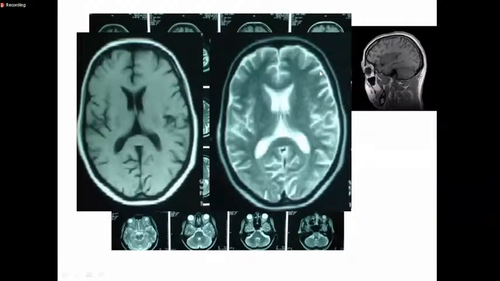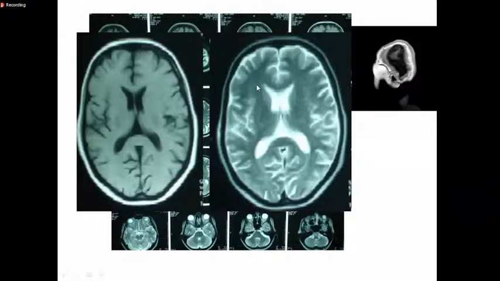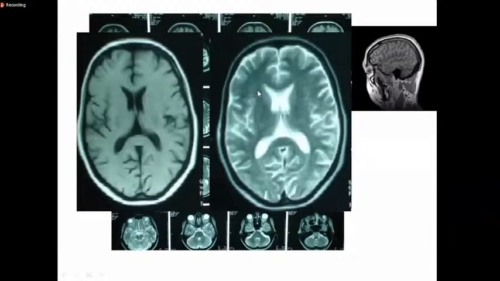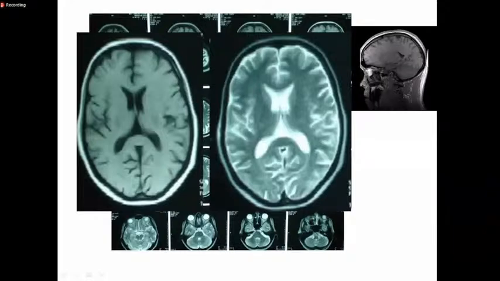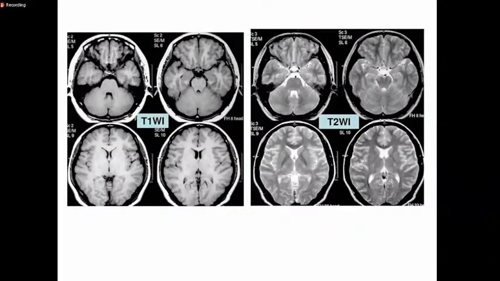And this one will still remain a bit gray. You see, this one becomes a little gray, the white matter. So you need to get used to these sequences as you look at them, what you see on T1 and what you see on T2.